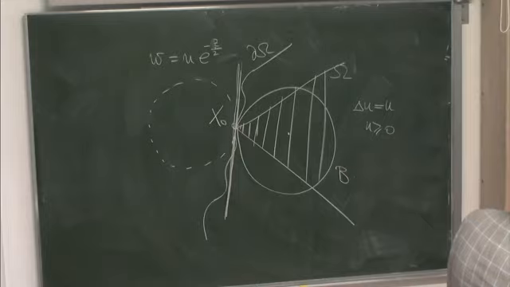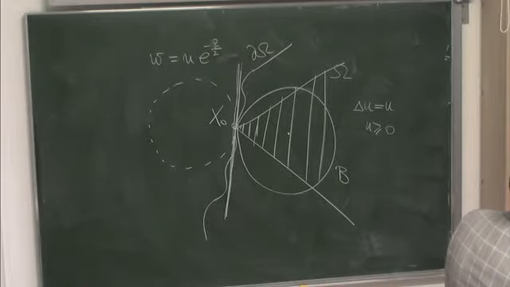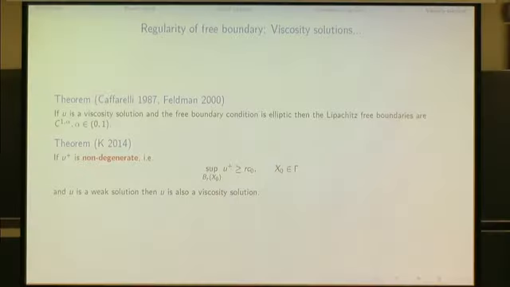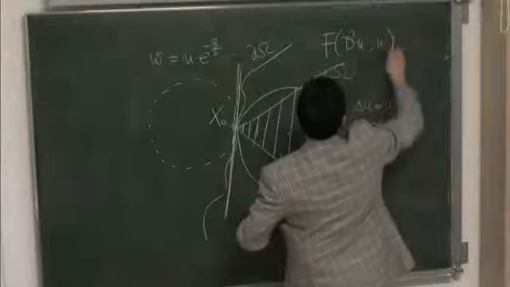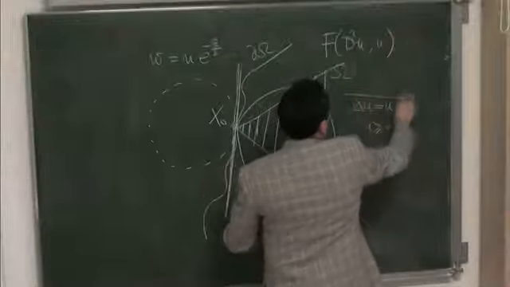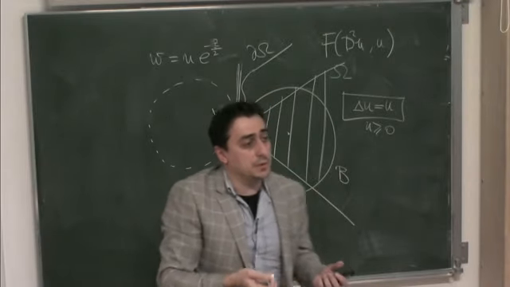So Lewis proved that for the Laplacian, and Feldman generalized that for fully nonlinear equations, or semi-linear ones, where he was allowing dependence on U as well, and this is crucial for us because we are considering semi-linear equations.